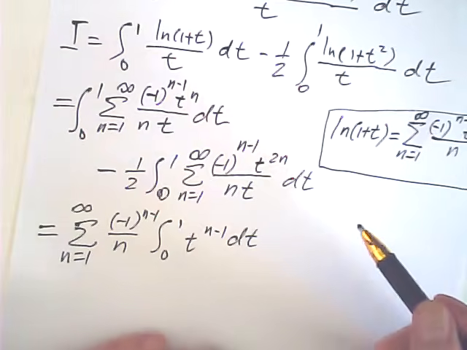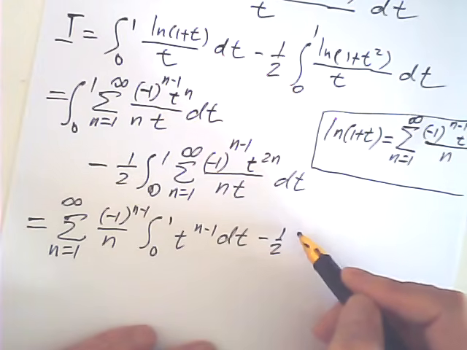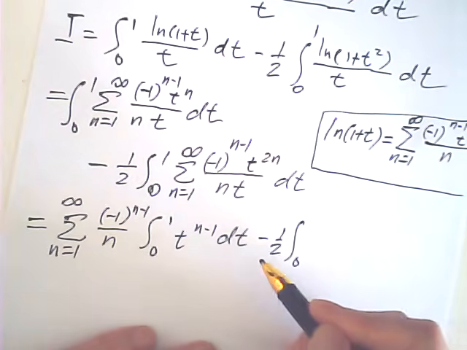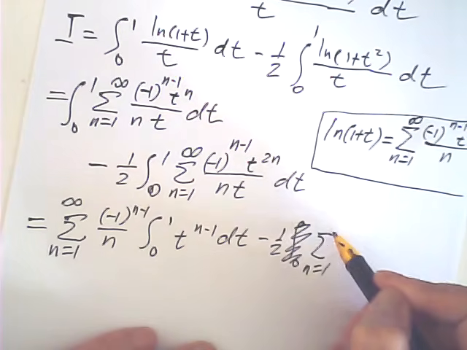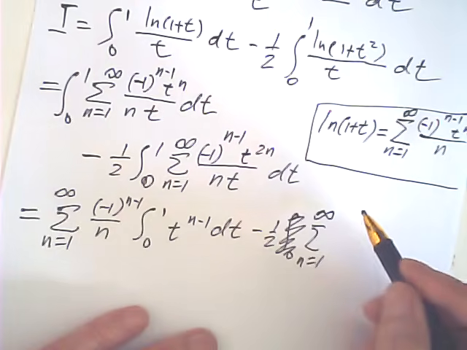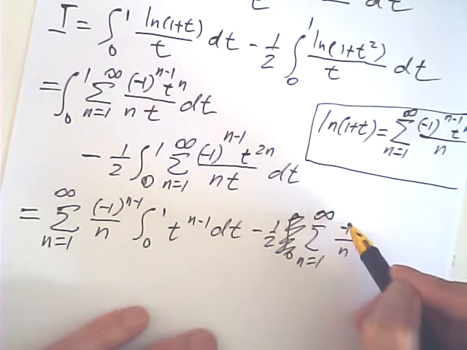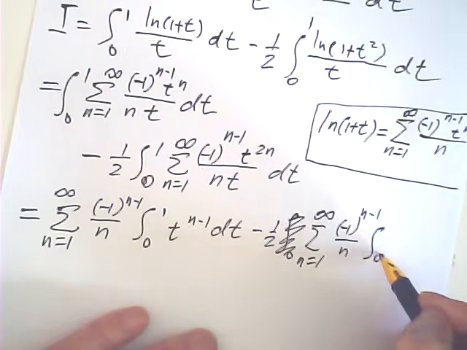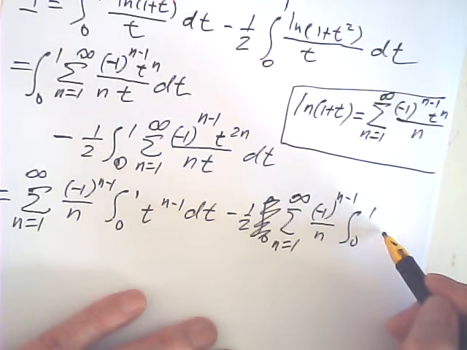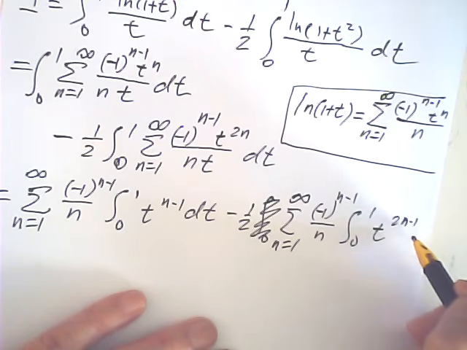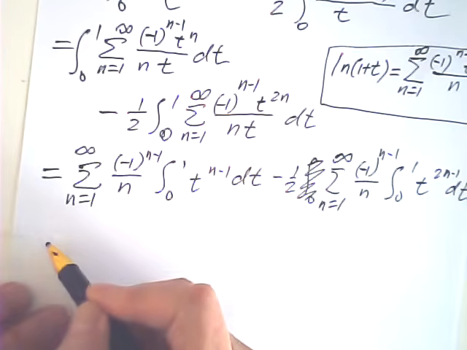This is for this one. And minus the second one. No, I switch the order. Sorry. Switch the operators. And I take the n out. Negative 1 to the n minus 1, integral, and t to the 2n minus 1. Very good.